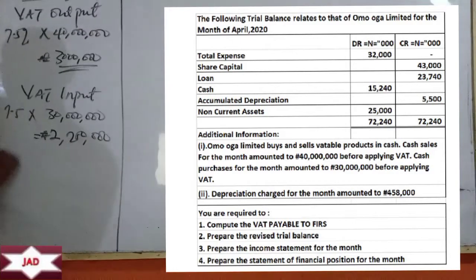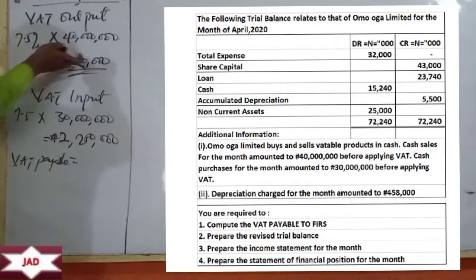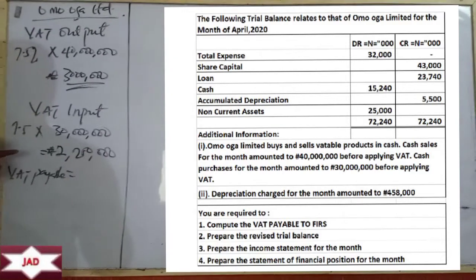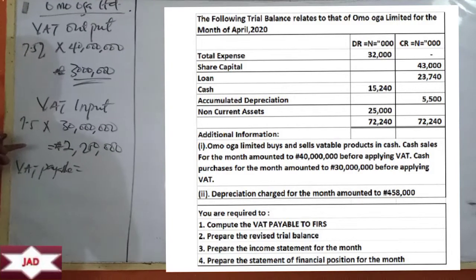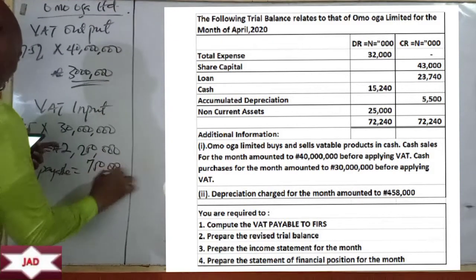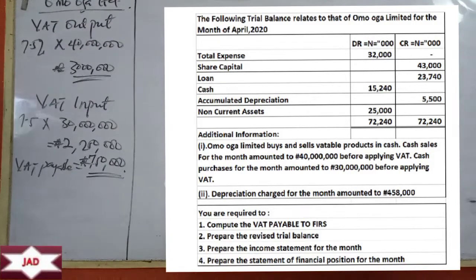So your VAT payable will be the difference between this and this, okay? Which is equal to 750,000 naira.